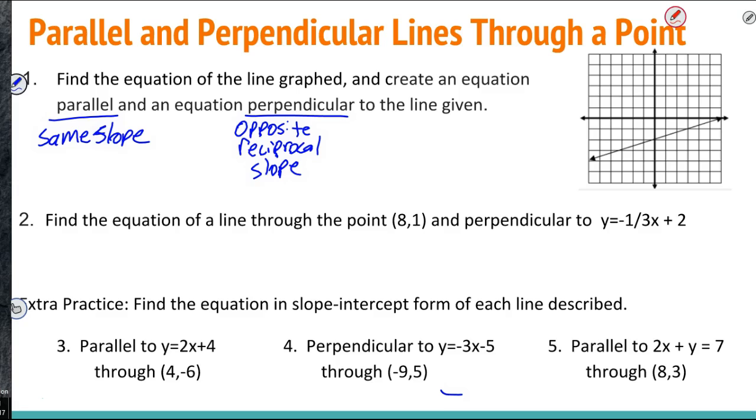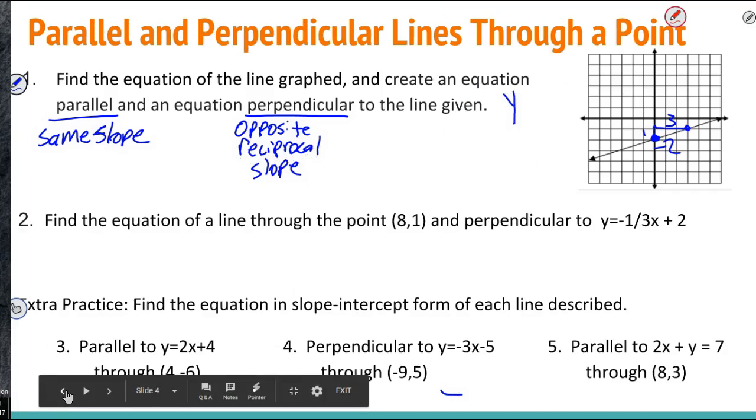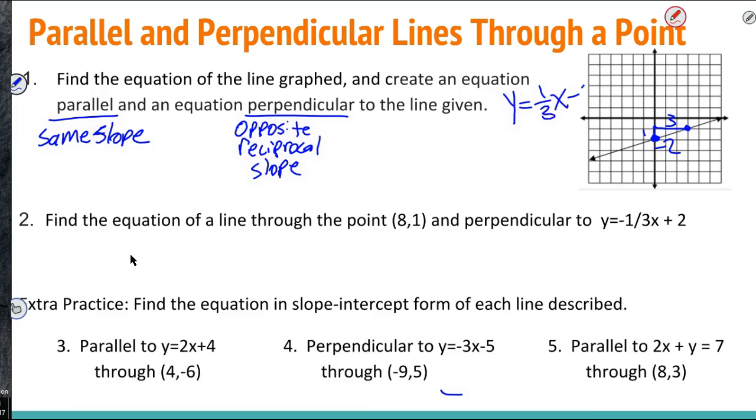So, starting with this line, let's find the equation. Y-intercept is -2. My slope looks like it is 1/3. Y equals 1/3 x minus 2.